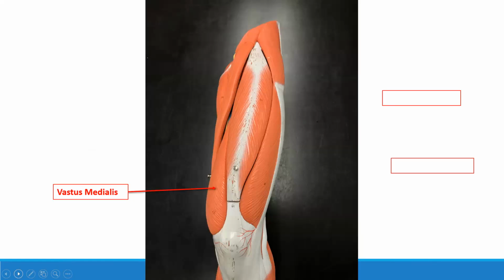So the tibialis anterior is probably the most important muscle in the front of the leg, because this is half the process of walking. We have to raise the toes, then we have to raise the heel. In the front of the leg, it is the tibialis anterior that does it.